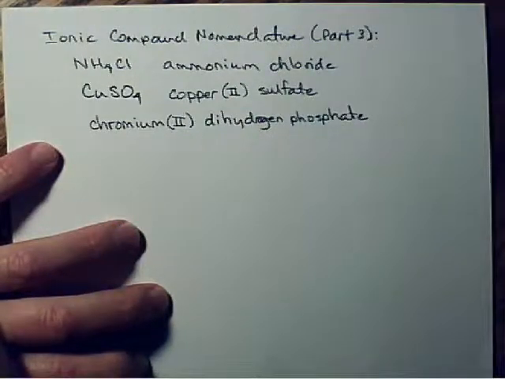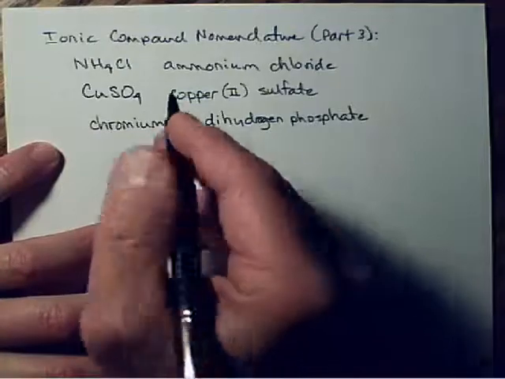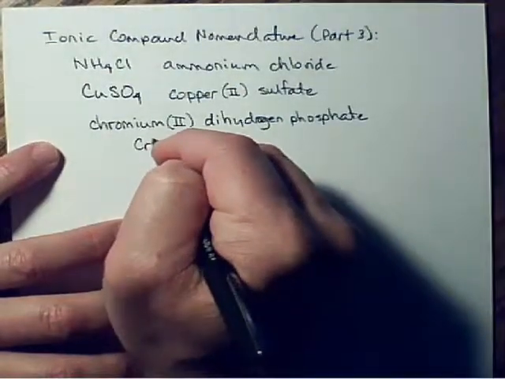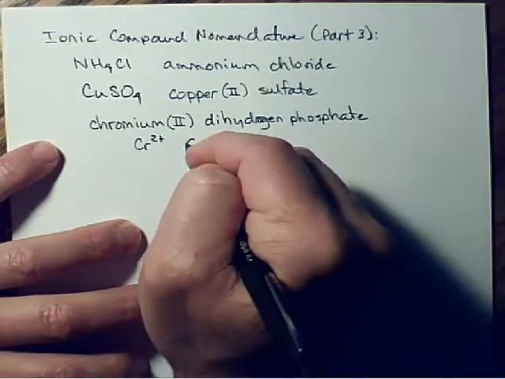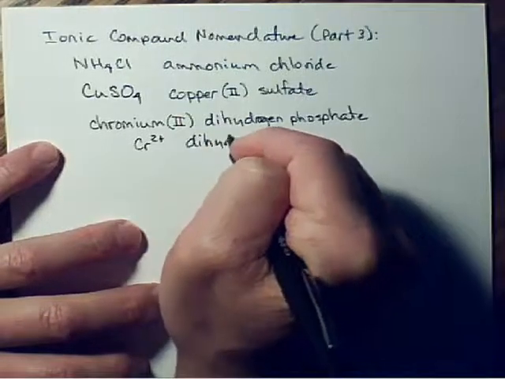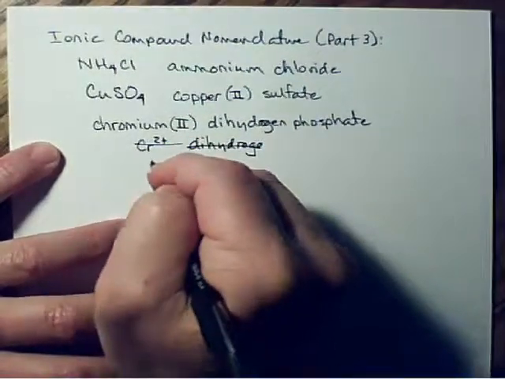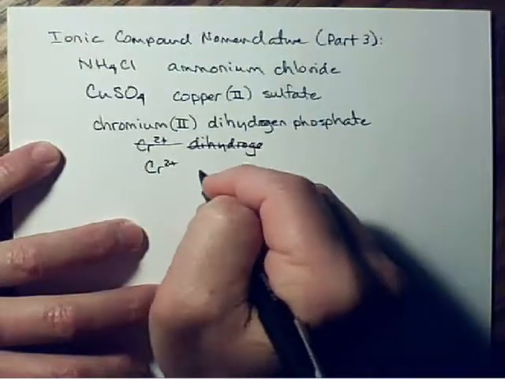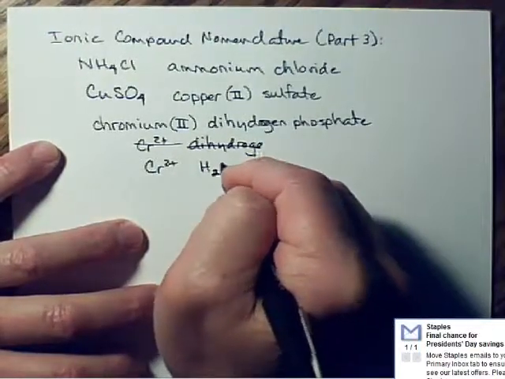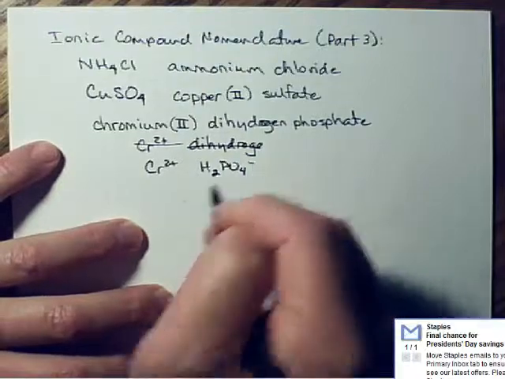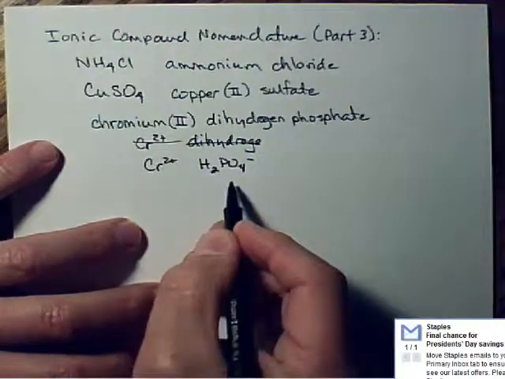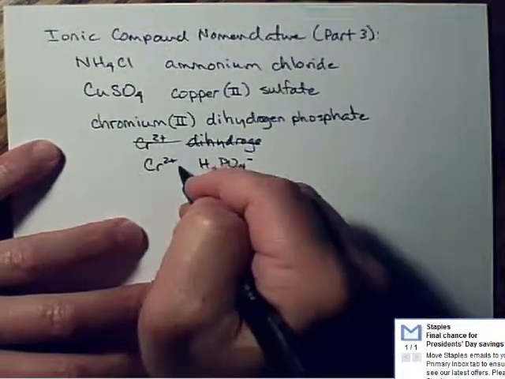You have to use a subscript to balance it out. Okay? So chromium 2 is 2+. Dihydrogen phosphate is H2PO4, 1 negative. I need 2 of these, correct?